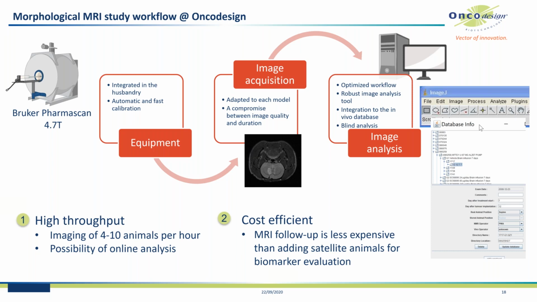We can image 4 to 10 animals per hour, depending on the model. I already talked about the online analysis, and with this optimized workflow, MRI becomes cost efficient because we can have an MRI follow-up less expensive than adding some satellite animals for biomarker evaluation.